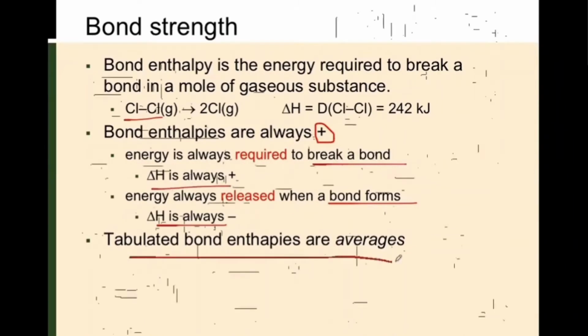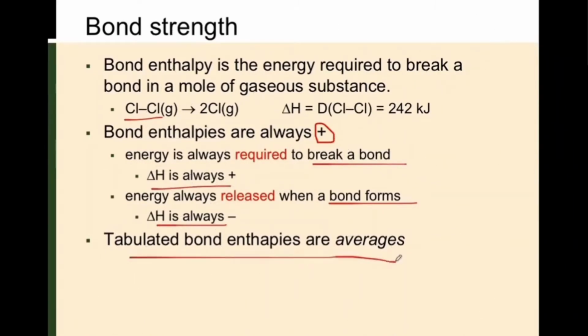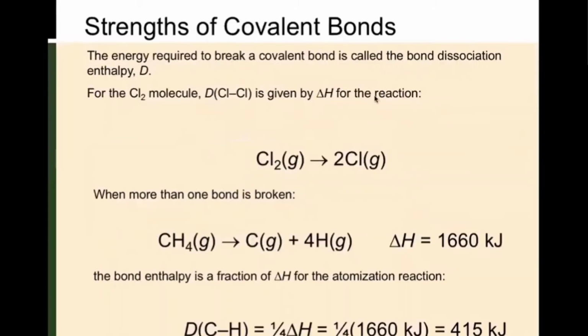Tabulated bond enthalpies are averages over a large number of molecules. Strengths of covalent bonds: the energy required to break a covalent bond is called the bond dissociation enthalpy, D.